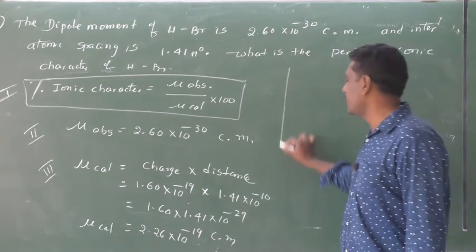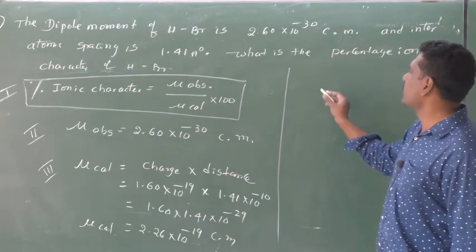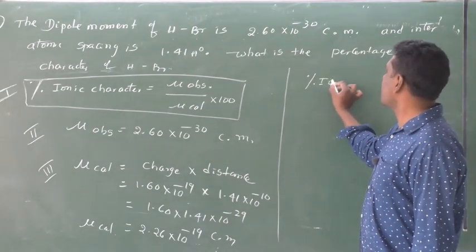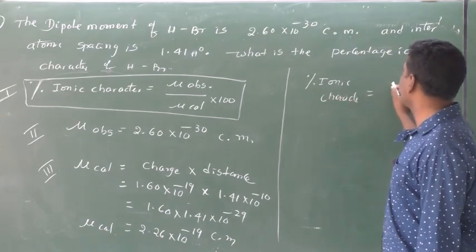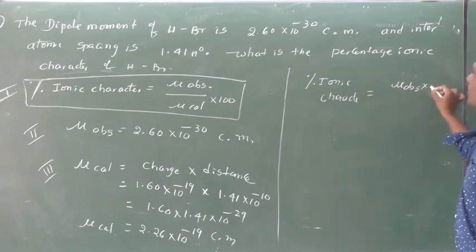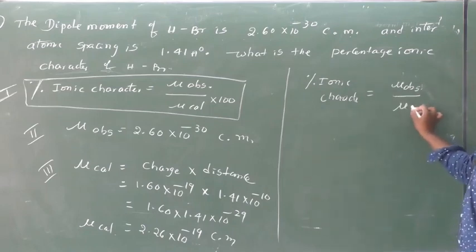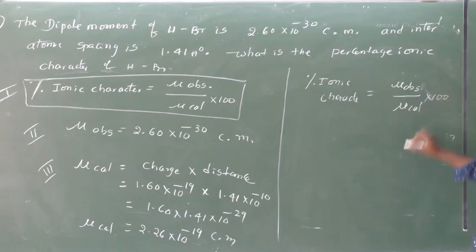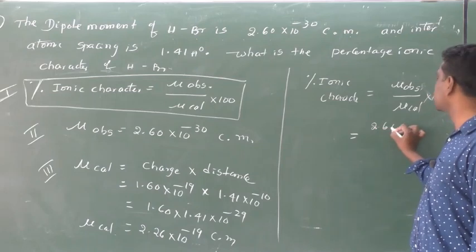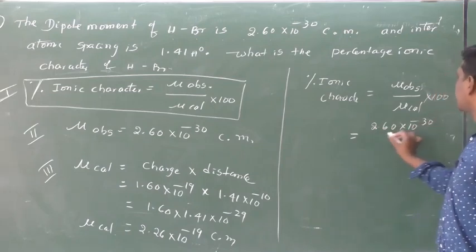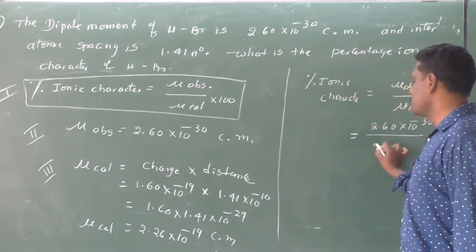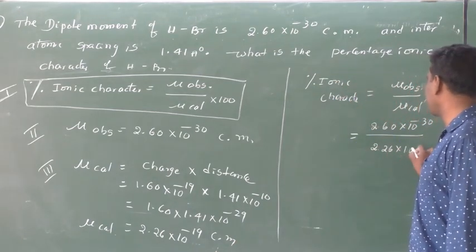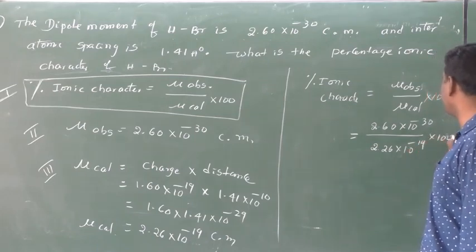After that, substitute in the equation: percentage ionic character equals 2.60 into 10 power minus 30 by 2.26 into 10 power minus 19, into 100.